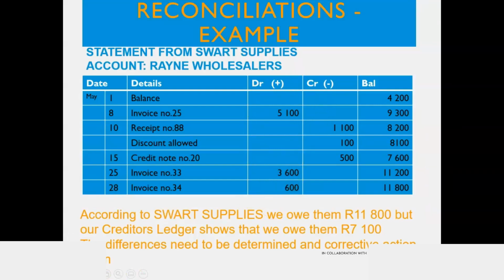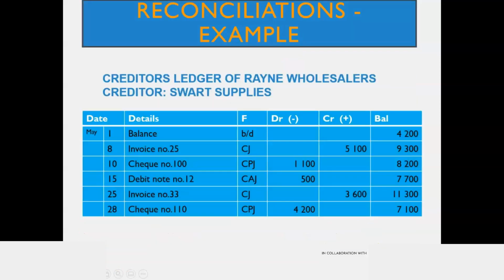It increases the asset, their asset. You get it? It's an asset. It's a debtors. It's an asset on their side. So it will say 3,600 plus 7,600. And then we have the 28th. 28th is what? Invoice number 34. Did we take anything on the 28th? Let's check.